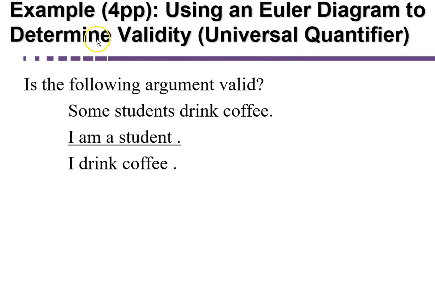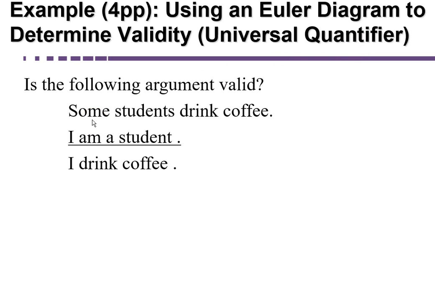All right, for our example 4, PowerPoint slides. We're looking at a universal quantifier. Is the following argument valid? Now, notice, in this case, it's not a universal quantifier. We have some.